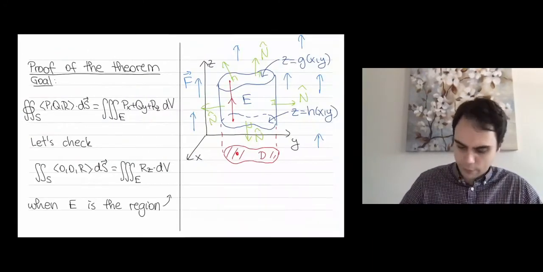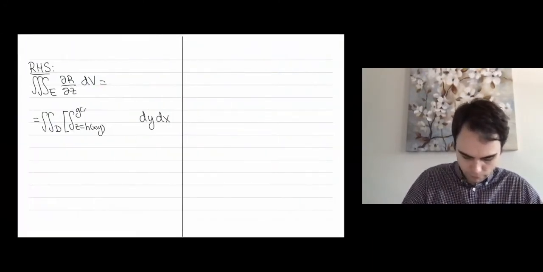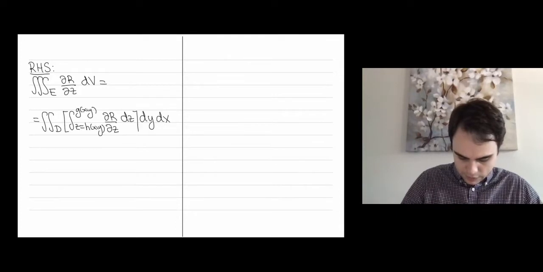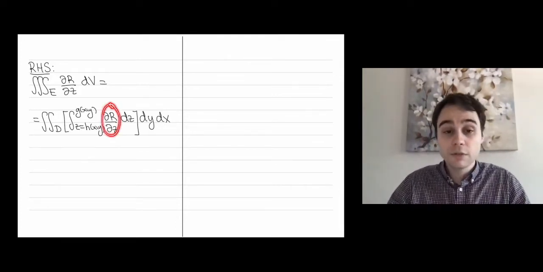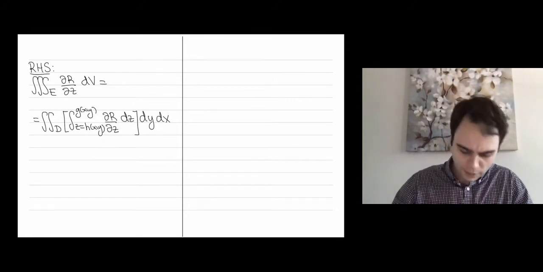Right, h is at the bottom. And then we're integrating the partial of R with respect to z, dz. Here this partial is a function of x, y, and z, but I'm just omitting the arguments.